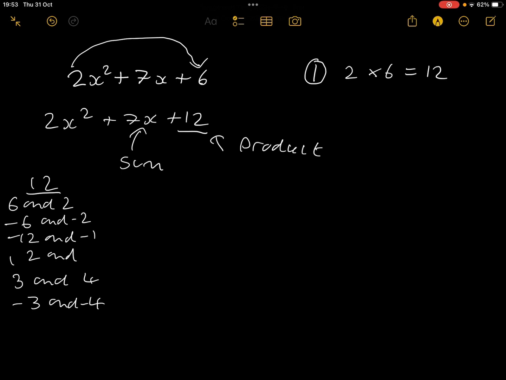So now you've listed all your factors. If we go through them, that won't work, that won't work, that won't work, that won't work, that will work. So now we have our two numbers.